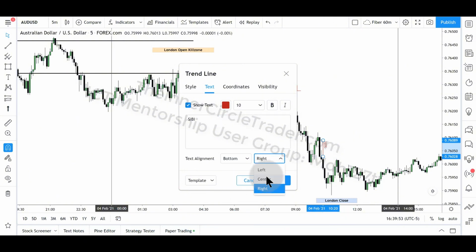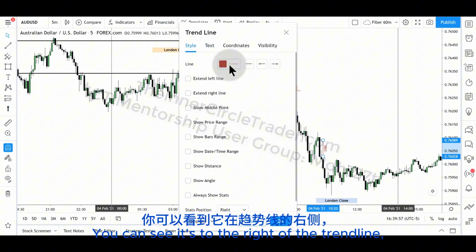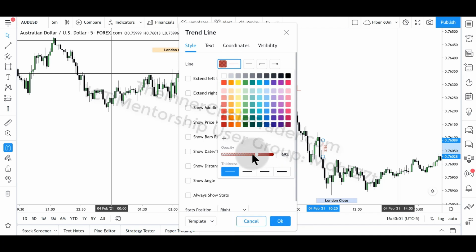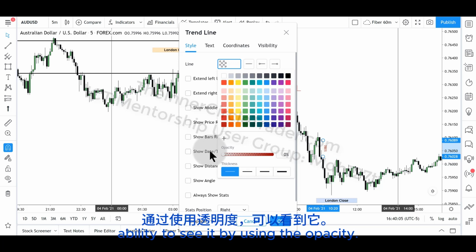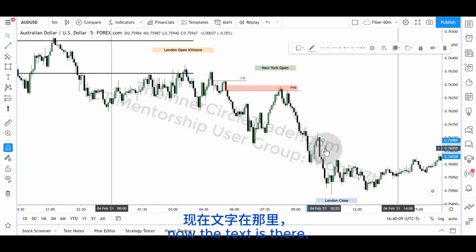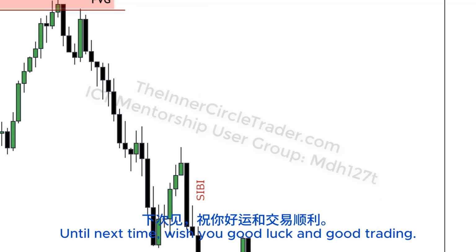On bottom and center, you can see it's to the right of the trend line, but now I don't want to see the trend line, so I'm just going to take away the ability to see it by using the opacity. And now the text is there, but the trend line isn't. And there you go. Hope you find this insightful. Until next time, wish good luck and good trading.